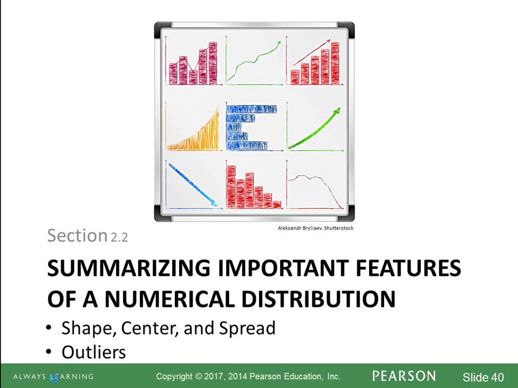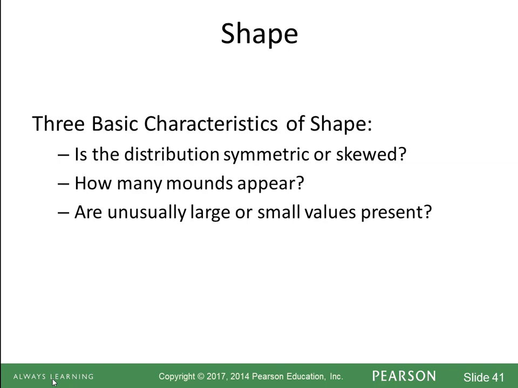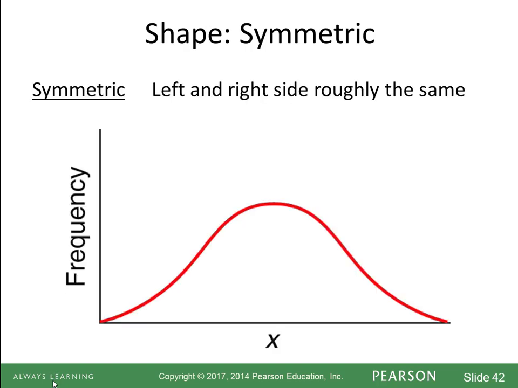Okay, now let's keep going and let's talk a little bit more about shape, center, and spread. So, is it symmetric or skewed? How many mounds appear? Are there unusually large or unusually small values? That's shape. So again, we talked about the symmetric bell-shaped curve, and it's roughly symmetrical.